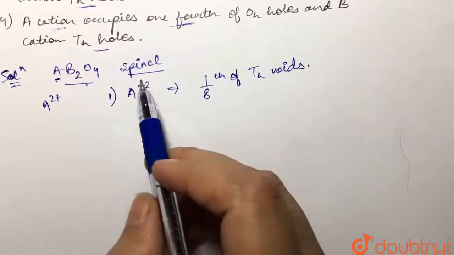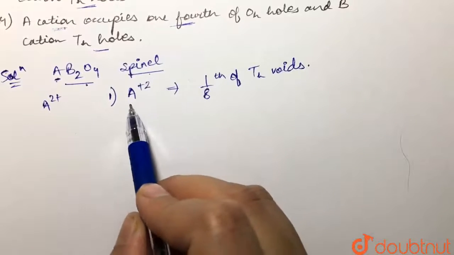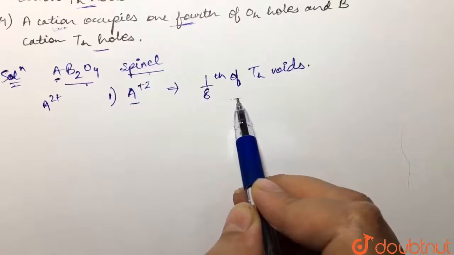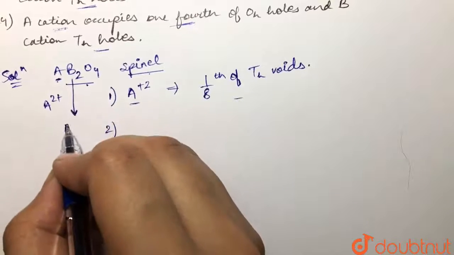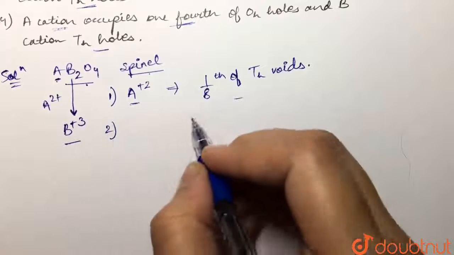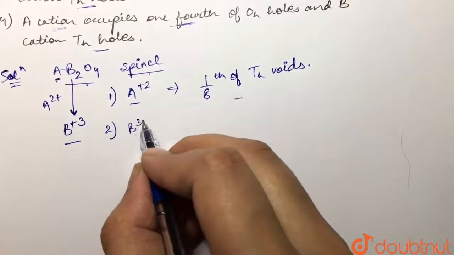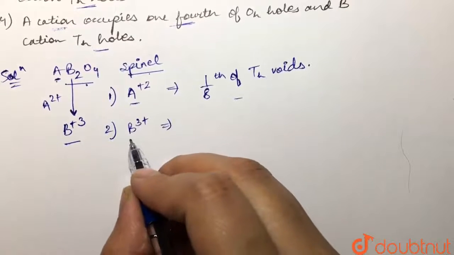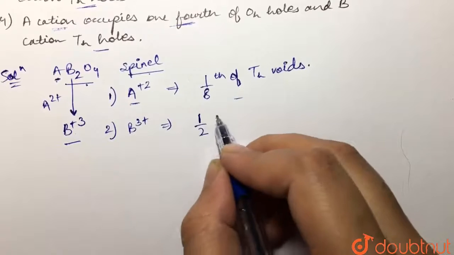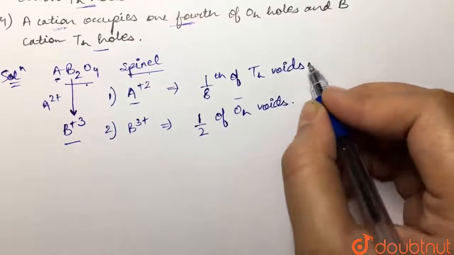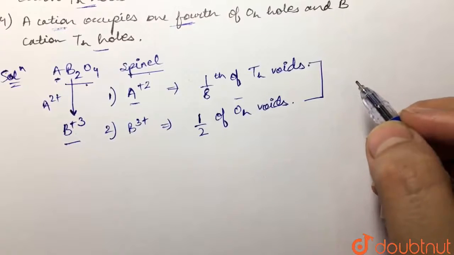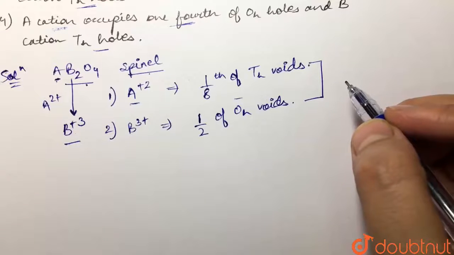So in case of a normal spinel structure, A2 positive occupies 1/8 of the tetrahedral voids, whereas the B over here is B3 positive. This is a trivalent cation. So the trivalent B cation occupies half of the octahedral voids, right? So these are the 2 things we need to remember for the normal spinel structure of the formula AB2O4, right?